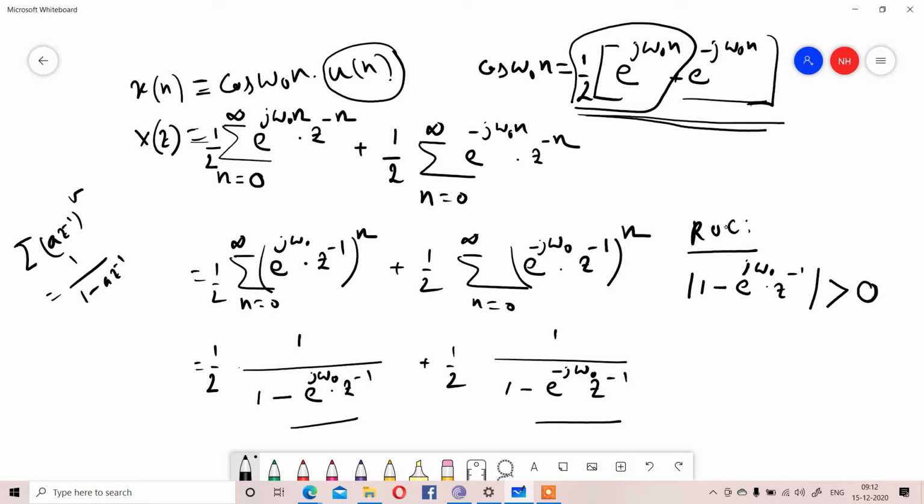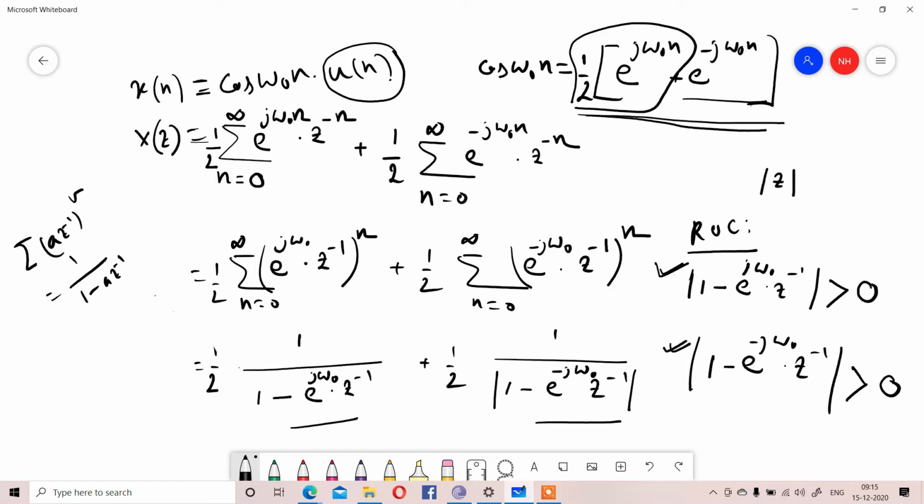That condition you can consider also for this case, 1 minus e to the power minus jω₀ z inverse. So here to calculate the ROC you can consider both the cases. For the first case, what will happen?